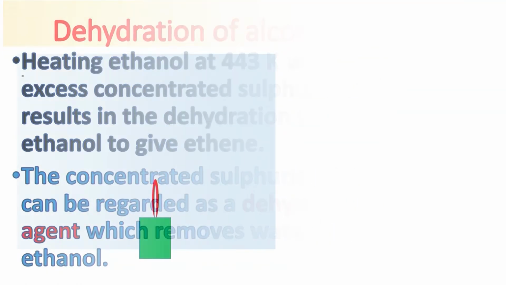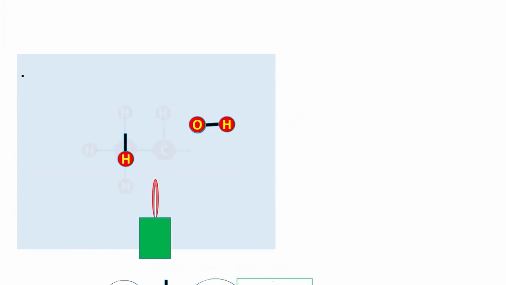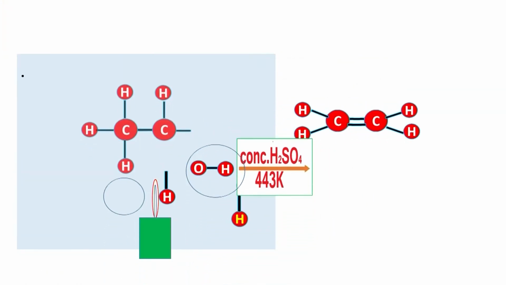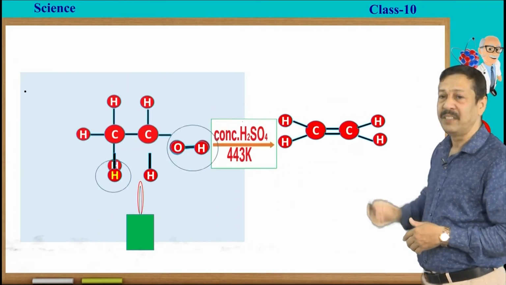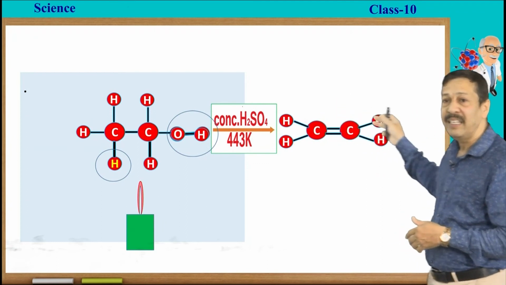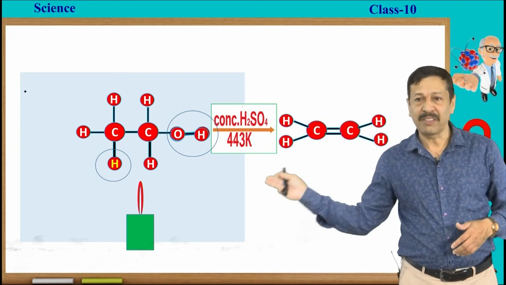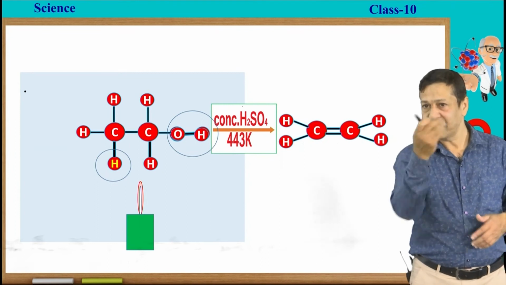Let us see this with the help of animation. You are seeing here water comes out from the ethanol and it produces ethene. Here you are seeing ethene, right?